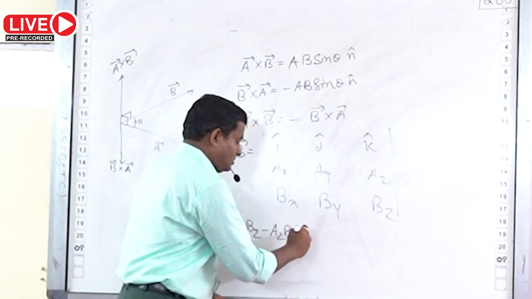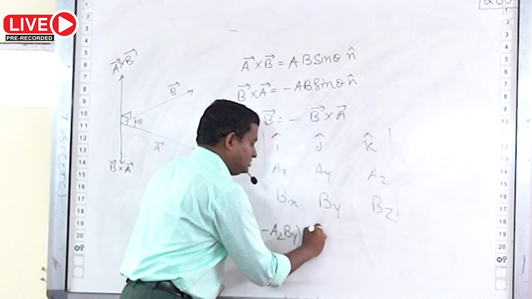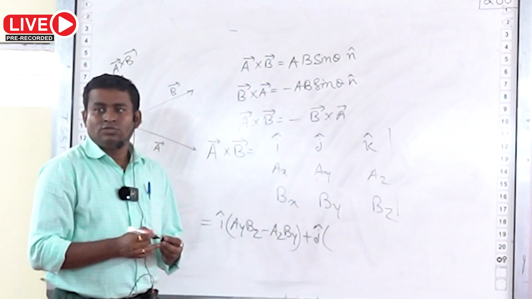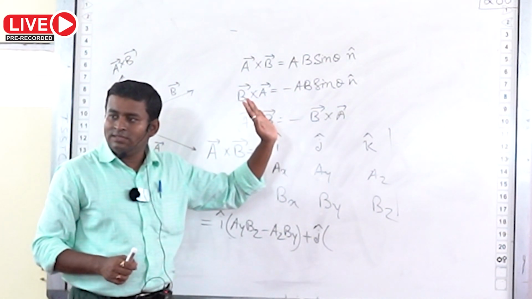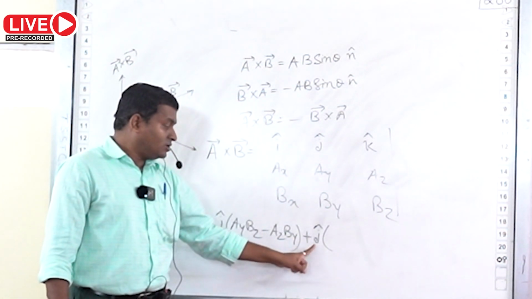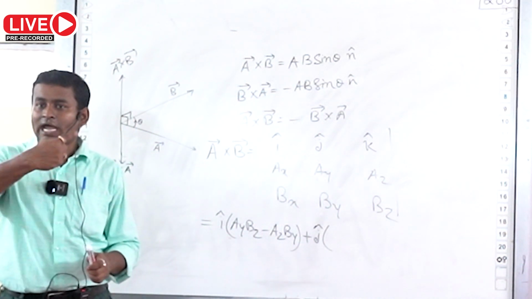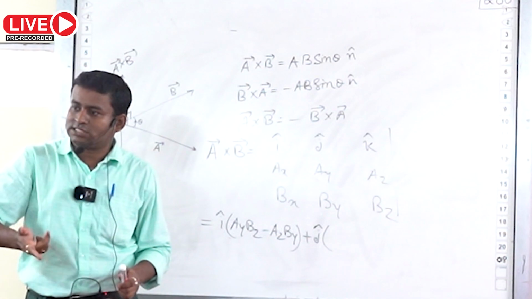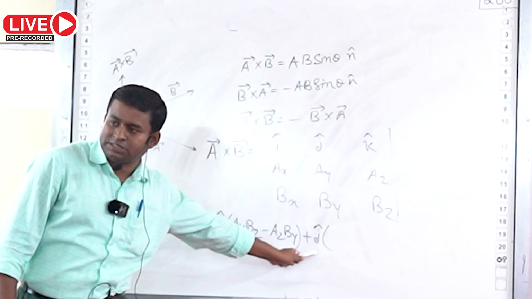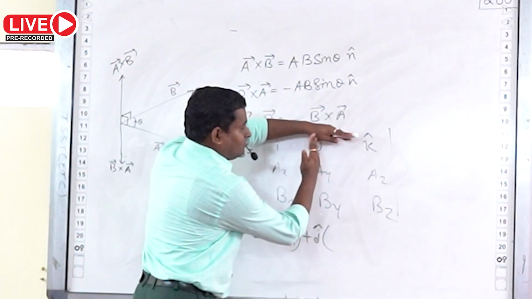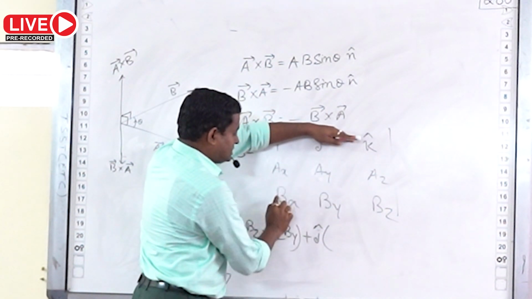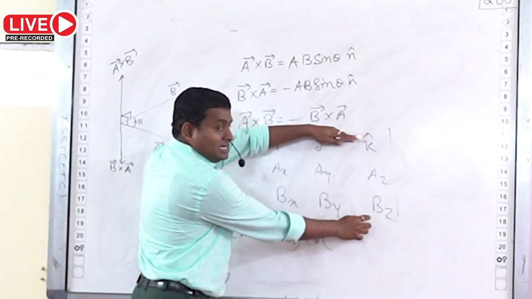Then j cap. The row and column containing j cap should be closed. But now for the next term, the direction of this product is reversed, because of the negative sign before j. Four cofactors you can see: Ax, Bx, Az, Bz.